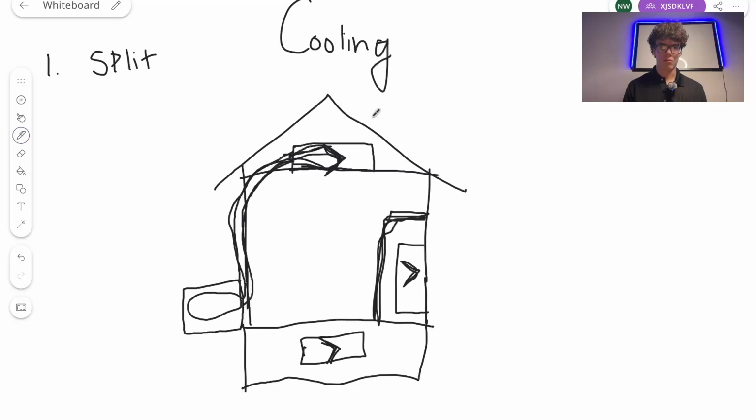We're going to call this one the air handler. And we're going to call this one the condenser. These two parts work together to create the cooling system called the split air conditioner.